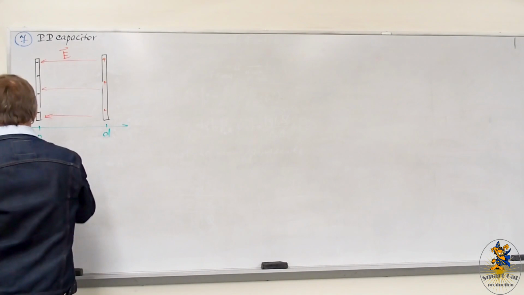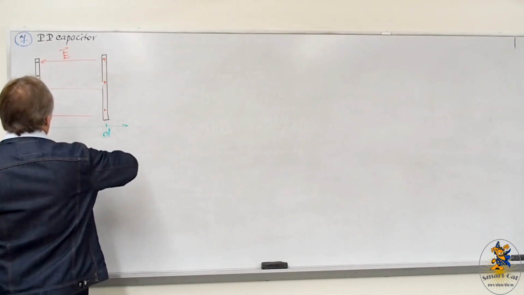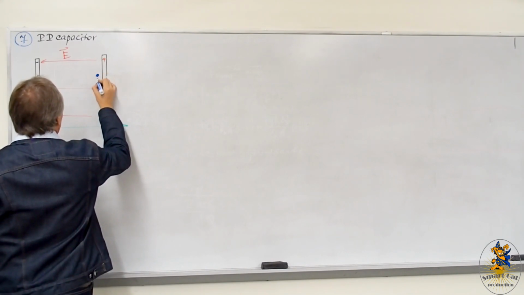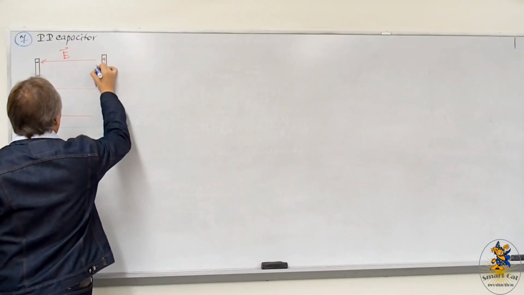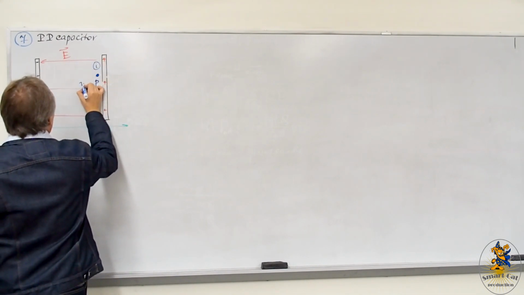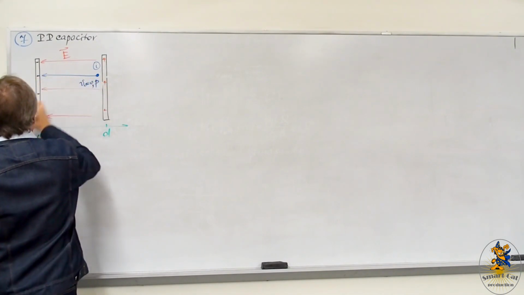So now let me probably move it slightly lower. So first proton. It starts from here. It's a proton. Initial position of the proton. Initial velocity is zero. And of course it travels this way.